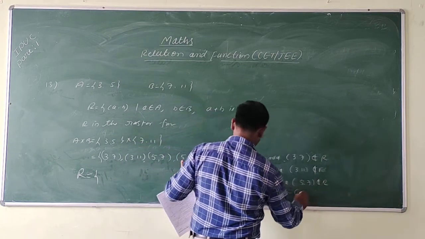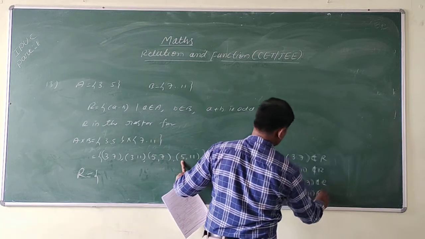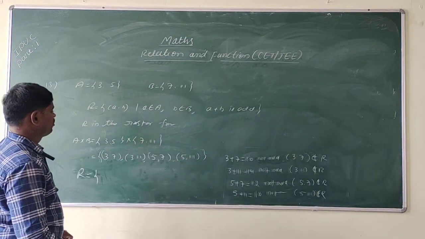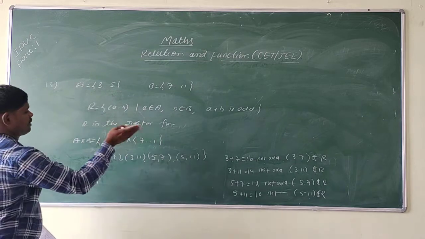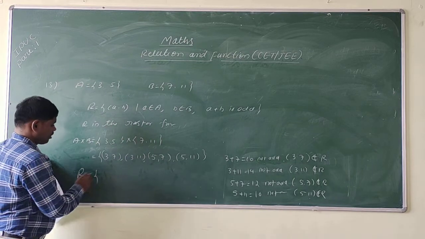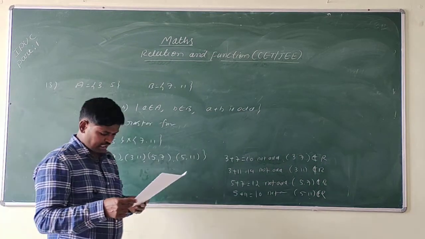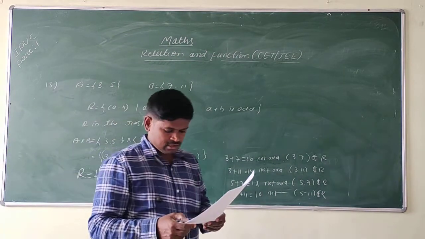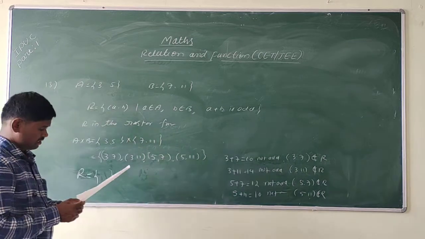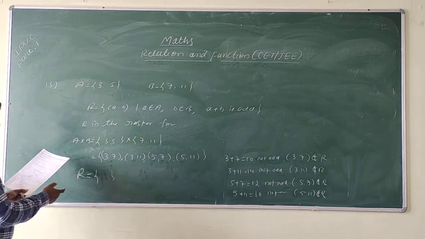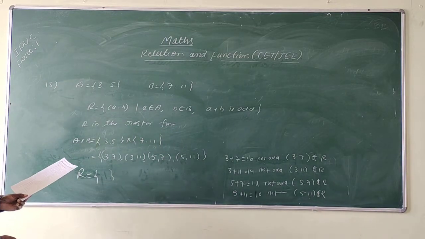So (5, 11) does not belong to R. That means no ordered pair satisfies the condition. Therefore R is the null set. So there is no ordered pair satisfying this. Therefore option C is the right answer.